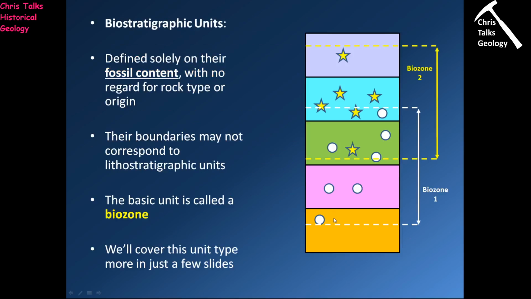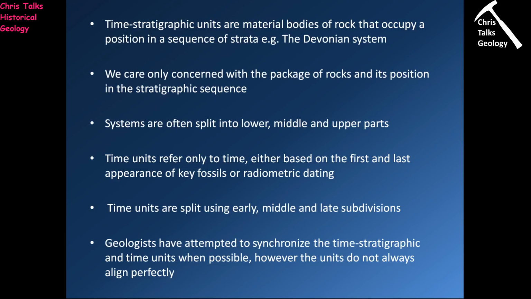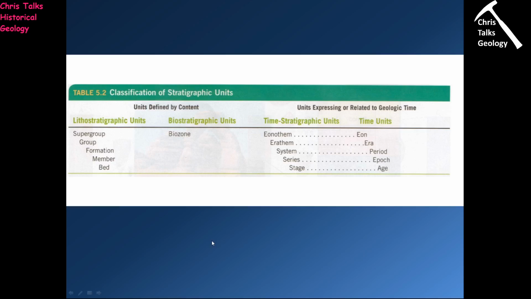Now, most of the time, the boundaries will match up almost perfectly, but not every single time. So the time stratigraphic units and the time units don't always match up perfectly. So just be aware of that. They are super close, but it's not a 100% perfect correlation. Geologists have attempted to synchronize the time stratigraphic and time units whenever possible. However, they don't always align perfectly.